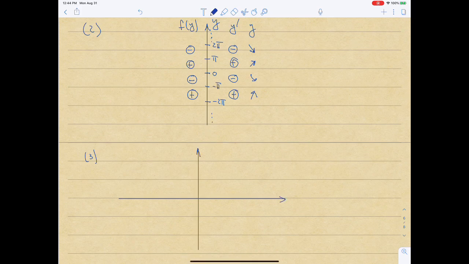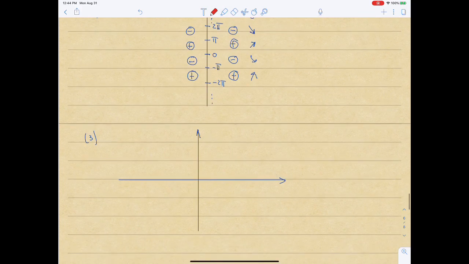So we have infinitely many equilibrium solutions, but we're only going to sketch 5.